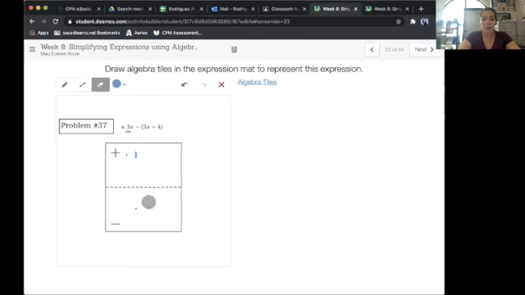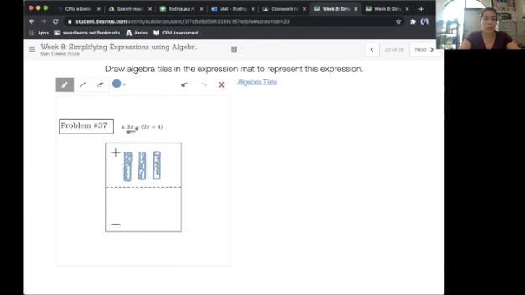So for this one, you basically need to draw the tiles, draw what they tell you. So if you are gonna draw 3X, you are going to draw them. And since they're positive, you're gonna shade them in. So here I'm shading them in. So I realize that it's hard for you to draw.